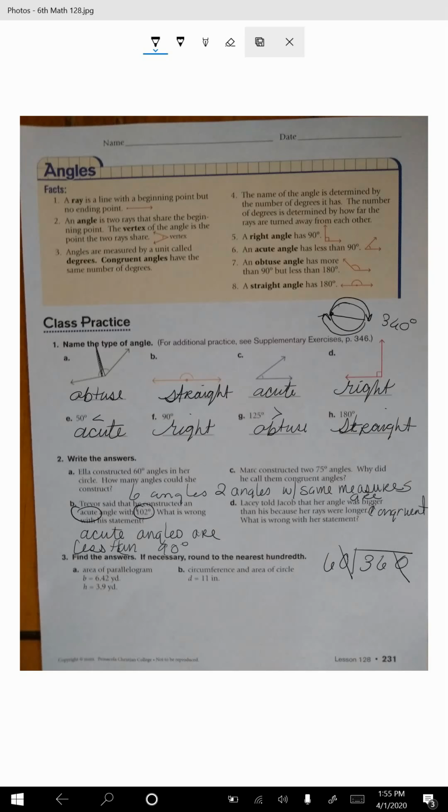No. So I would say size of angle not determined by the length of rays. How about that? Okay.